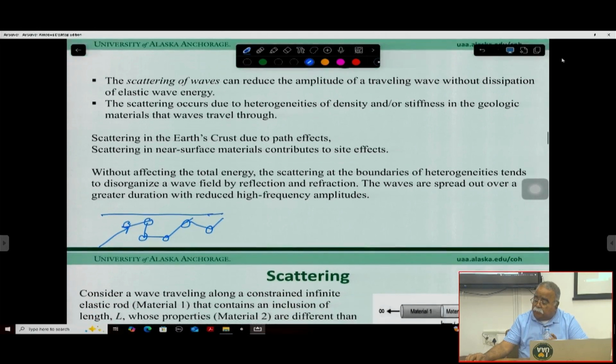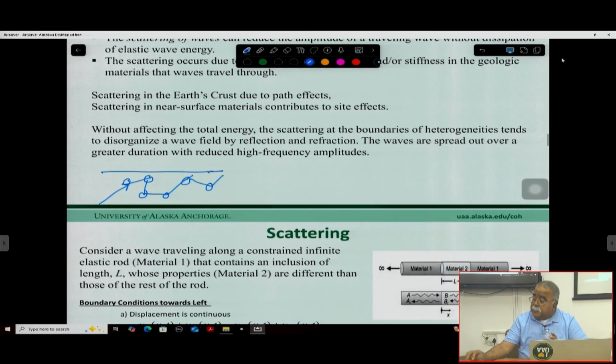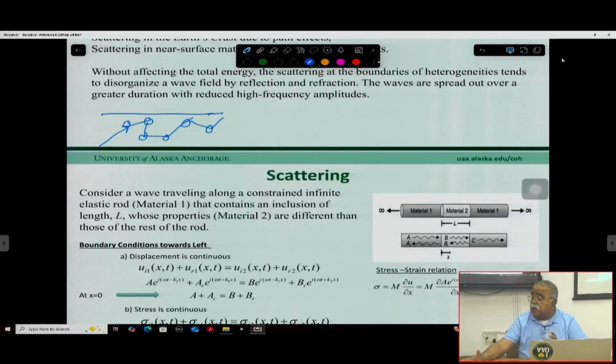Okay, now let's see, there is material 1 and then there is material 2, and on the other side there is also another material 1. So that means material 2 is sandwiched between material 1 on both sides, right?